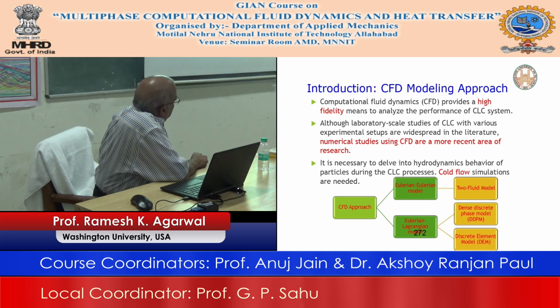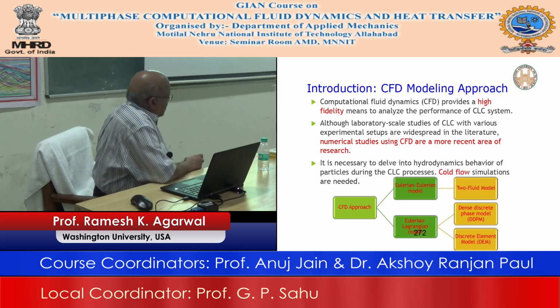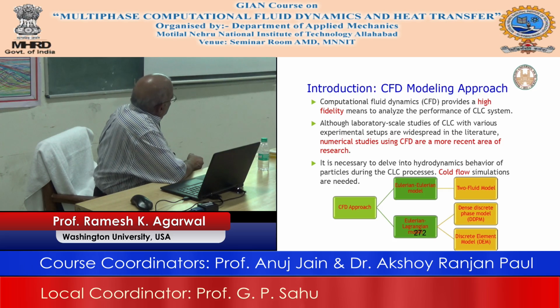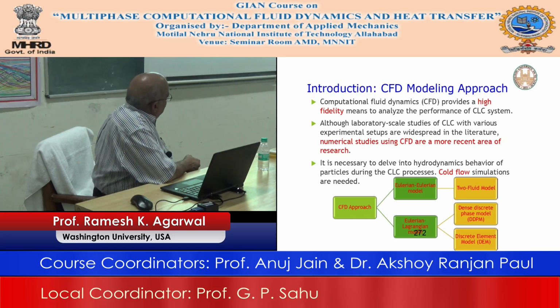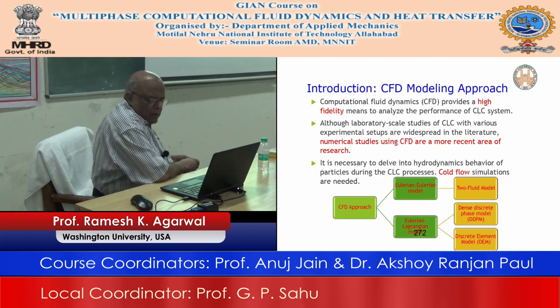So this is the simplest, and then this dense discrete phase model is kind of in between the two, and then the DEM. These are both Eulerian and Lagrangian. So this is less intense in computation than this, but this also has a Lagrangian component to it.